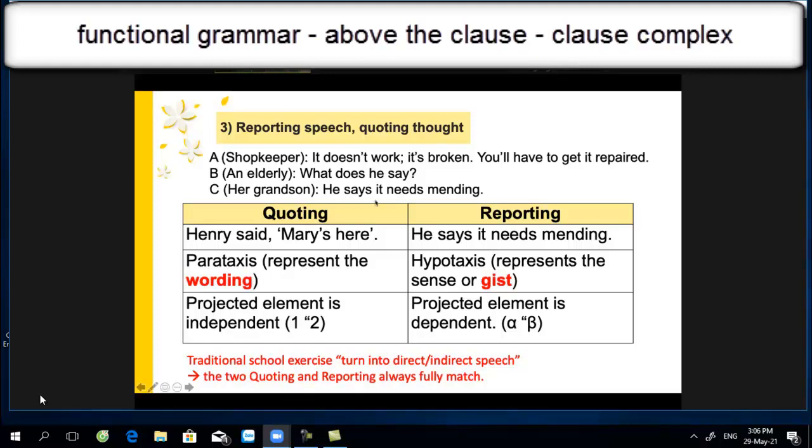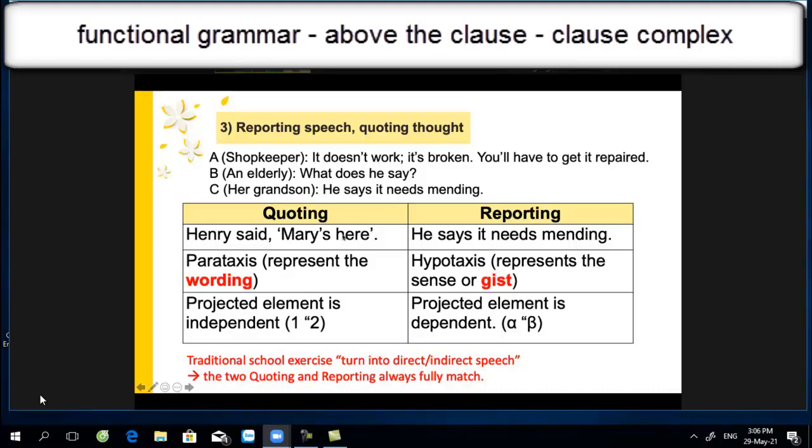Well, actually, "it needs mending" is not exactly the same as what the shopkeeper wants to say, right? So we can say that it's a kind of reporting. So reporting only focuses on the gist, the main idea of the message. It doesn't repeat the wording. Still remember wording? Wording is the real words that the speaker says, yeah.